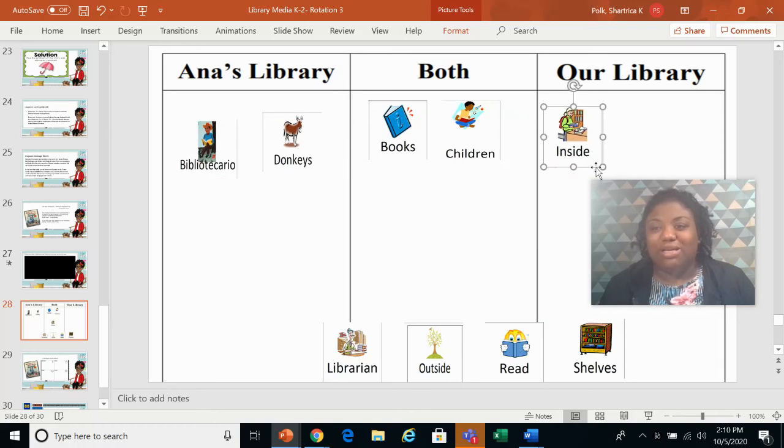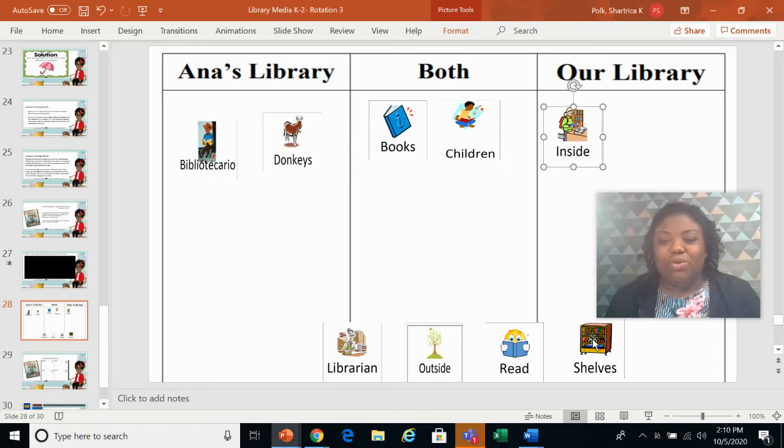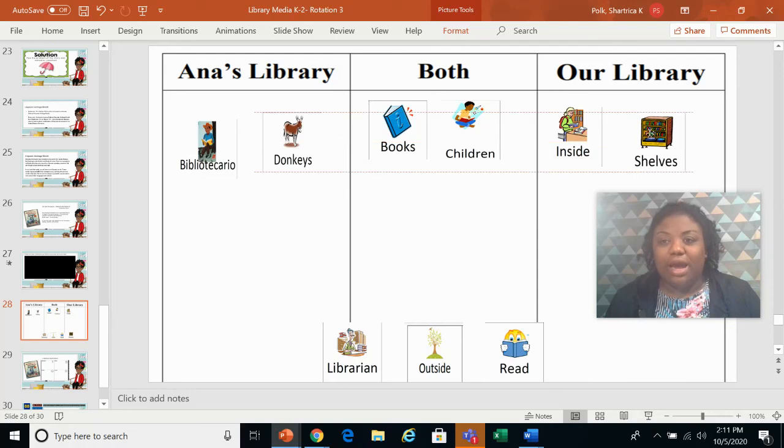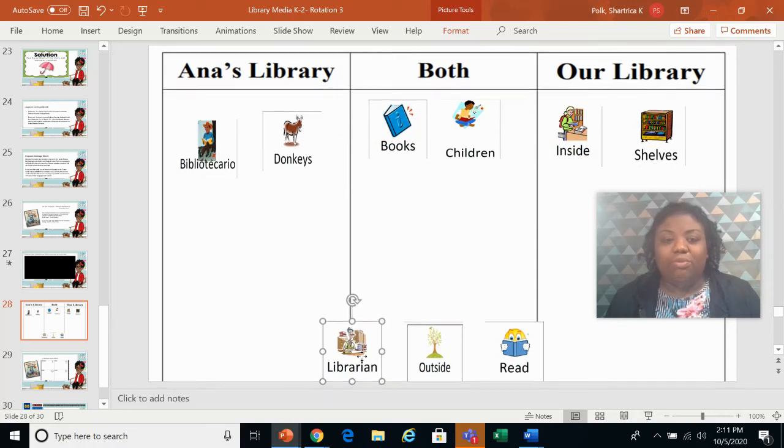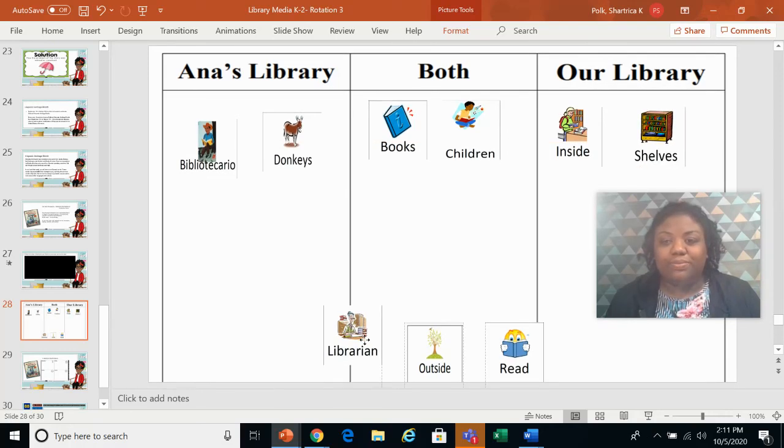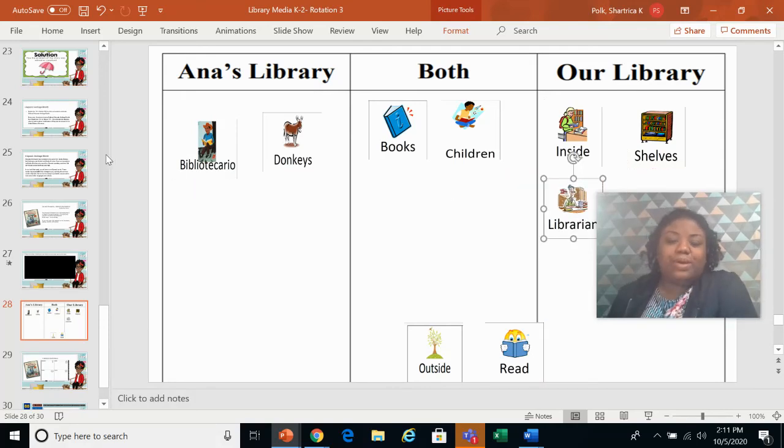The Marshall Library is inside the school. What about shelves? Is it Anna's, both, or our library? Okay, our library. What about a librarian? Right, our library. Because the person who passes out the books in Anna's library is the bibliotecario.